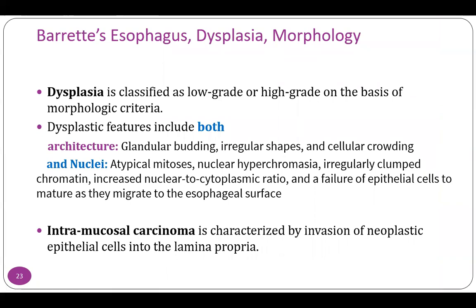So dysplasia is the concern in Barrett's esophagus. Dysplasia means the columnar epithelium has some dysplastic change. What is dysplastic change?